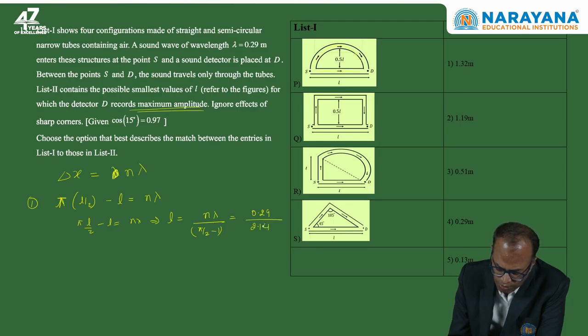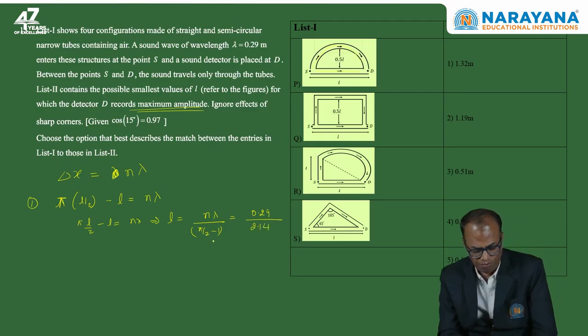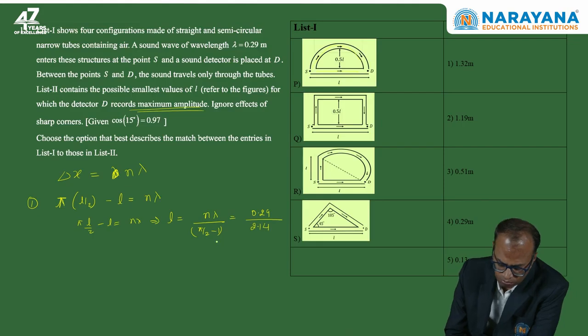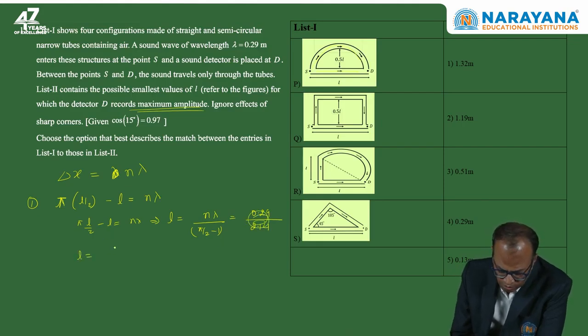I have to solve it. So let's do it this way. Lambda is 0.29 and pi I will take 22 by 7. So this is 11 by 7 minus 1. This is 0.29. 11 minus 7 is 4 into 7.